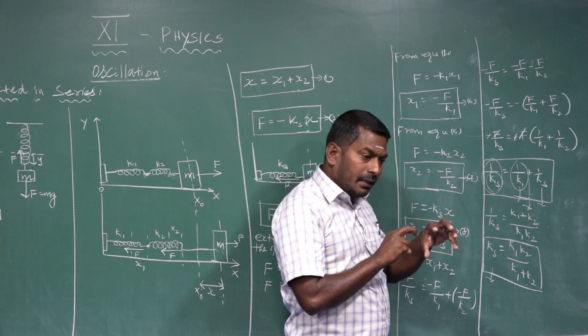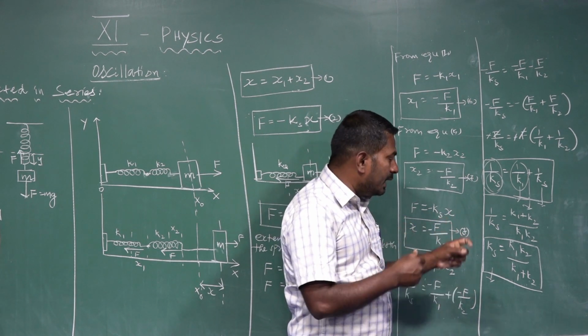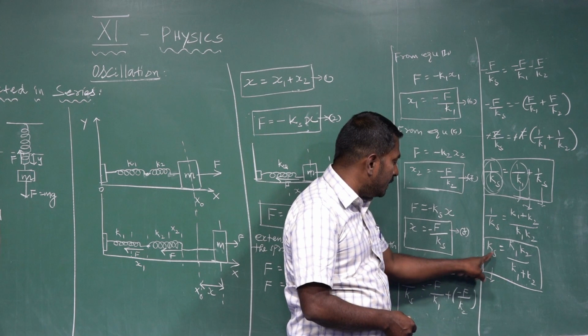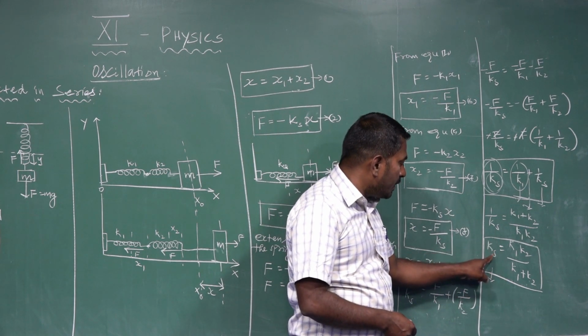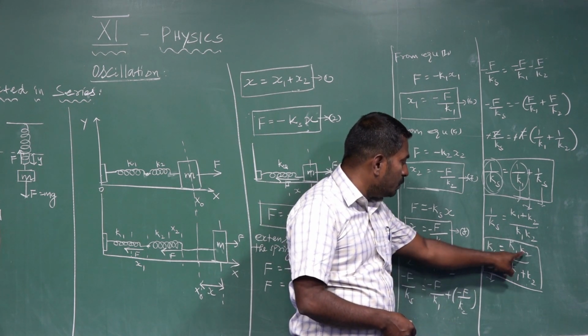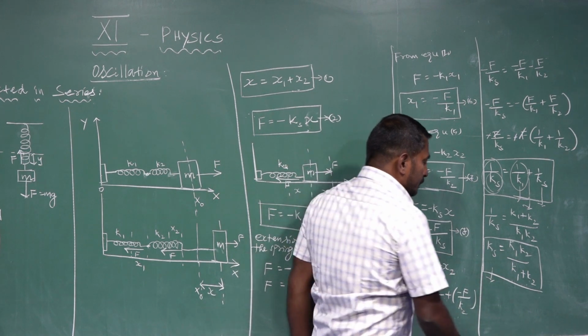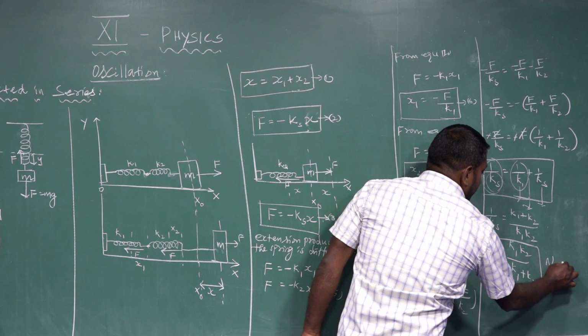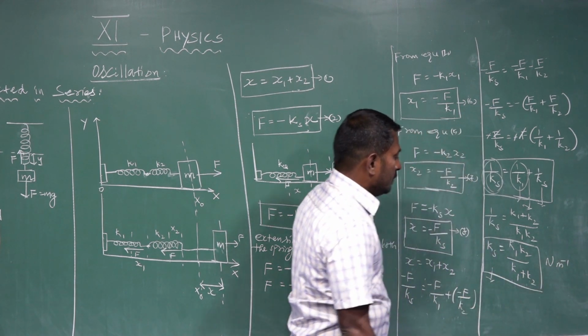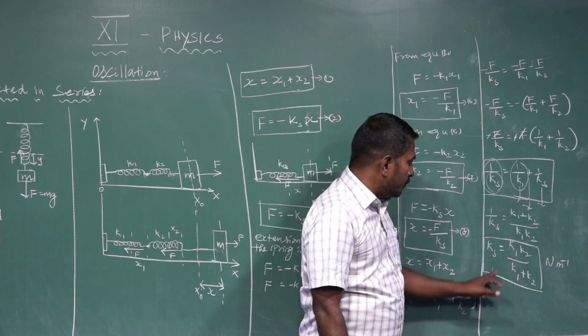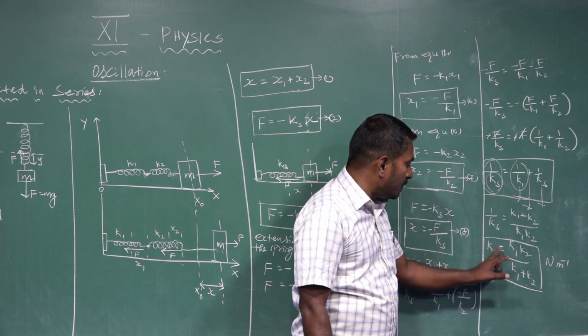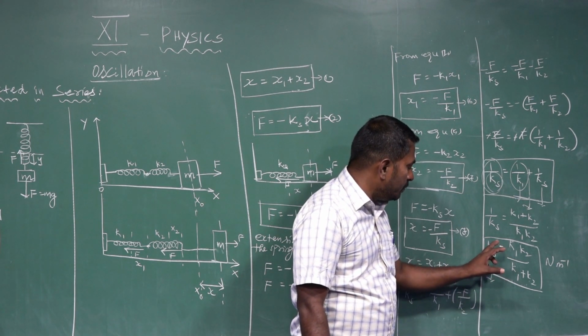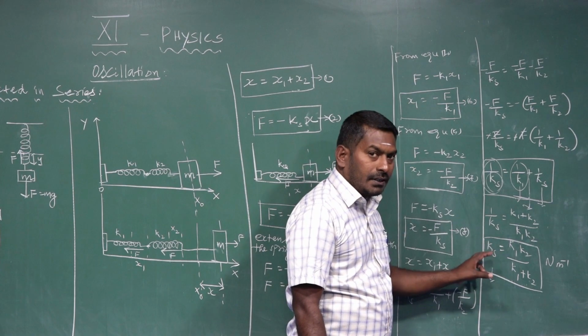So, how do we calculate the effective spring constant connected in series? Ks is equal to K1 K2 divided by K1 plus K2, in newton per meter. It is an important expression to represent the effective spring constant in series.